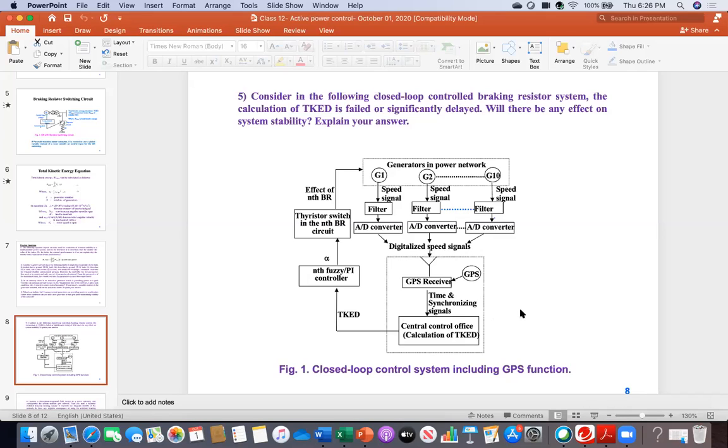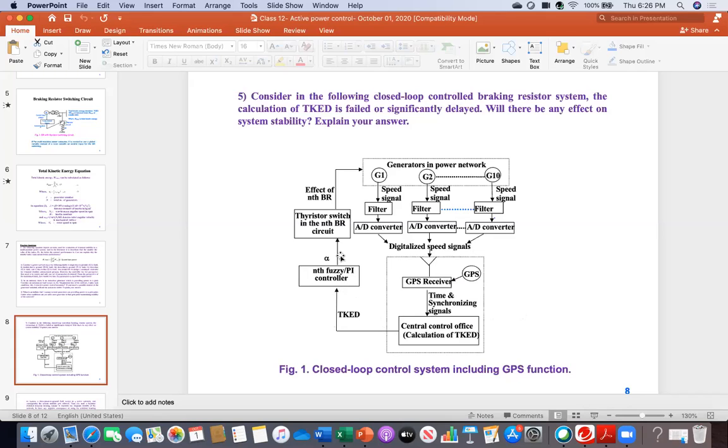Yes, definitely. Because if this master controller cannot get the signal properly, or it failed, whatever, then the signal is not going to your controller.